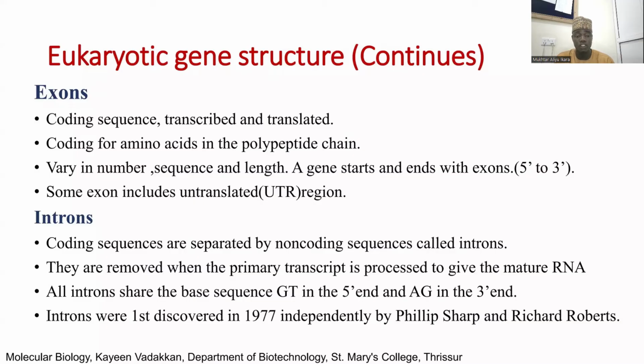All introns share the base sequences GT in the 5' direction and AG in the 3' direction, that is, guanine and thymine, and then adenine and guanine at the 3' end. Introns were first discovered in 1977 independently by Philip Sharp and Richard Roberts.